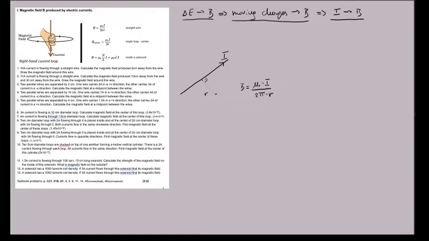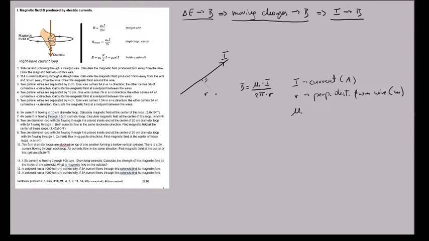In this specific equation, I is the current, units would be amps. R is just the distance from the wire, but I'm going to write perpendicular distance from wire. And because it's a distance, this would have units of meters.